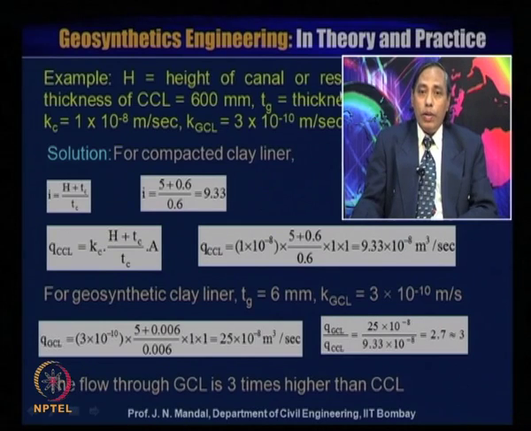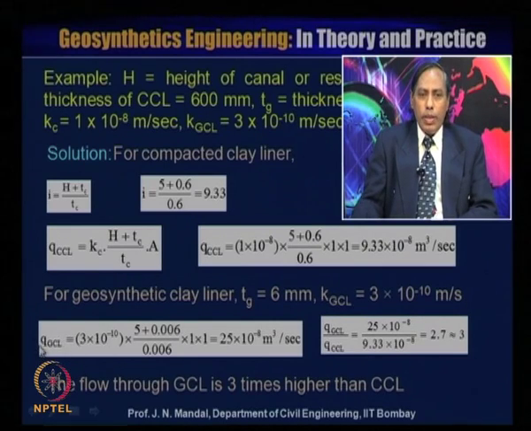Now, as an alternative to the compacted clay liner, if you adopt the geosynthetic clay liner, whose thickness Tg is given as 6 millimeter, and the hydraulic conductivity of the geosynthetic clay liner is 3 into 10 to the power minus 10 meter per second.